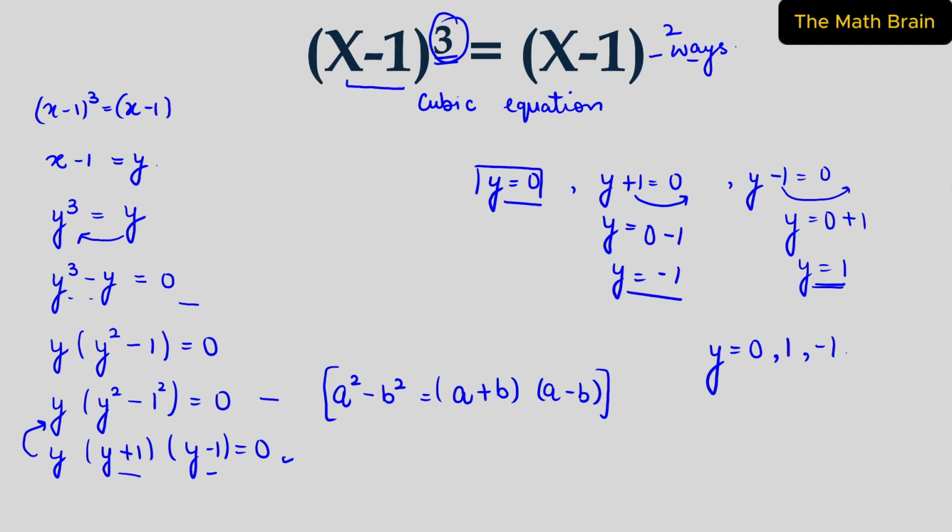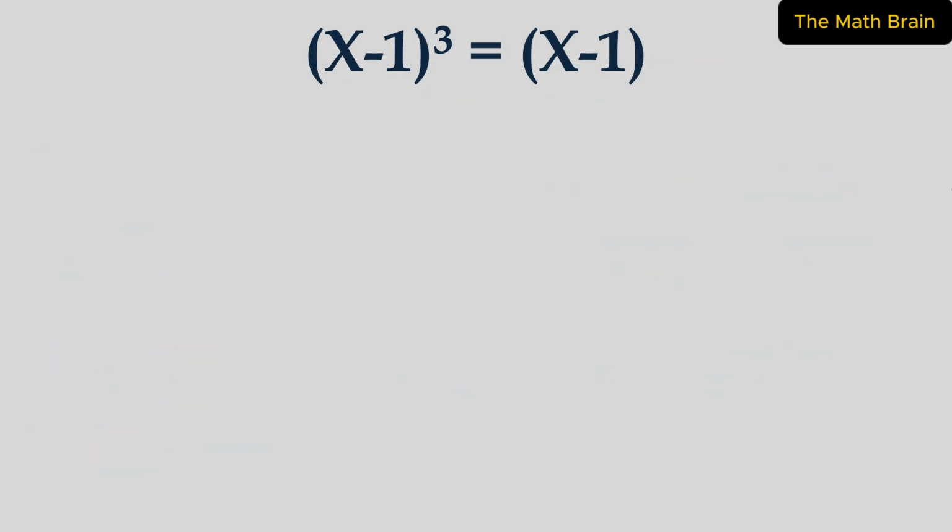So next step will be we are going to use this expression x minus 1 is equal to y to get the value of x. Now we are going to substitute the value of y here. We will get x minus 1 is equal to y. For y is equal to 0, x minus 1 is equal to 0, x is equal to 1.